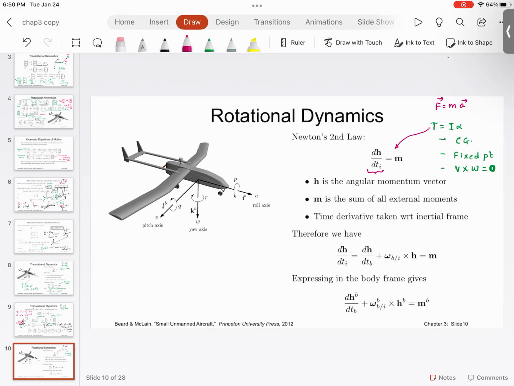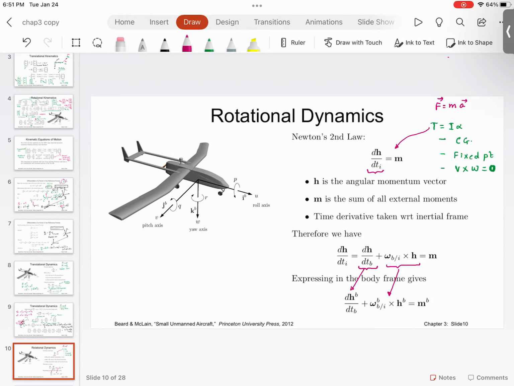Whenever we have to take the derivative of a vector, we have to take the derivative of magnitude, and then we have to take the derivative of direction. Are you with me so far? So derivative of magnitude is this guy. Derivative of magnitude is this guy. And derivative of direction is this guy. Are you with me so far?